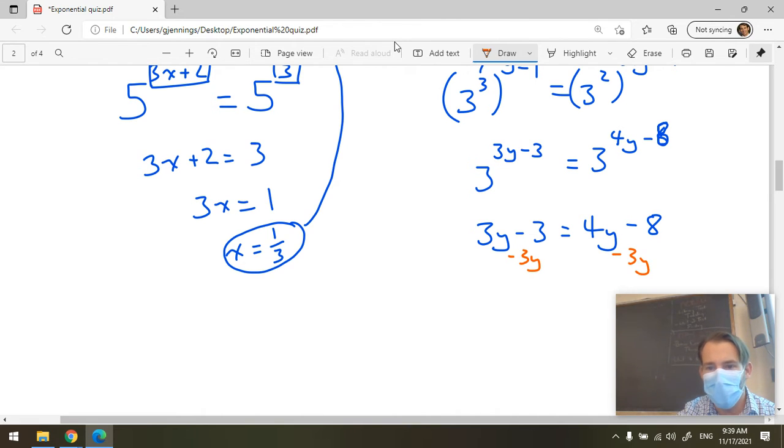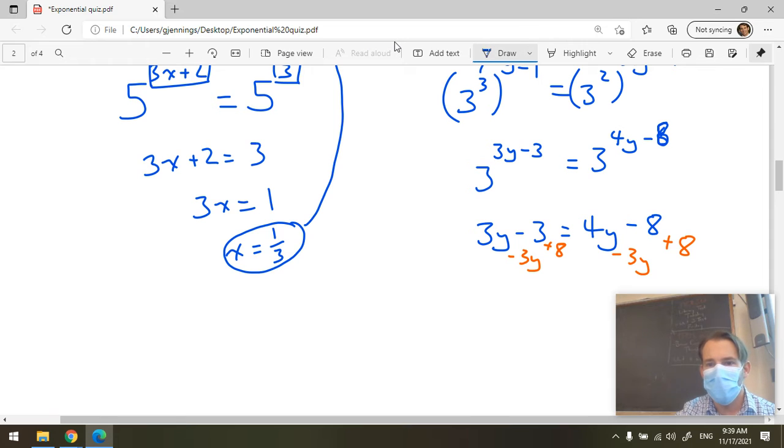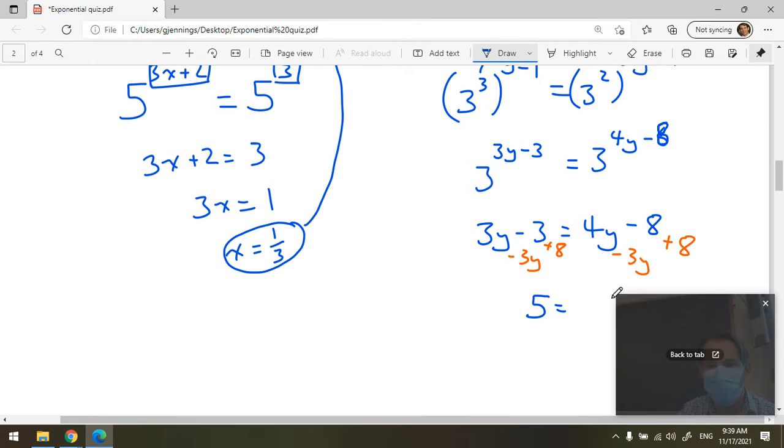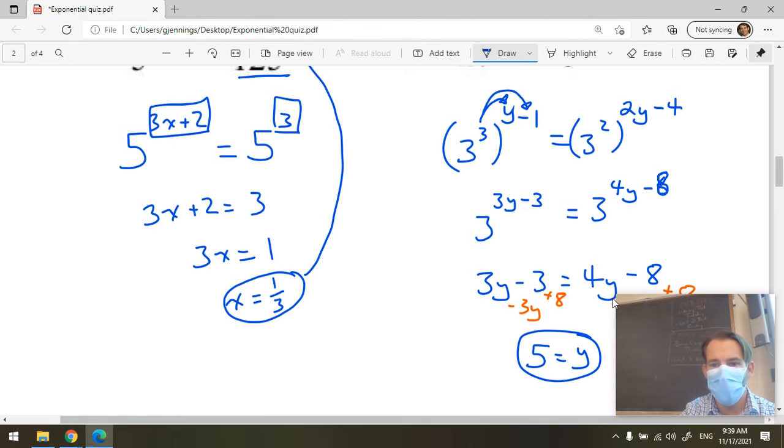And I like writing this right underneath the term where I'm going to be collecting my common terms, and then adding 8 to both sides. And that will give me my answer right away: negative 3 plus 8 is 5, is equal to 4y minus 3y, which is y. Boom. And then you can go back and check your answer up here. So 5 is equal to y.